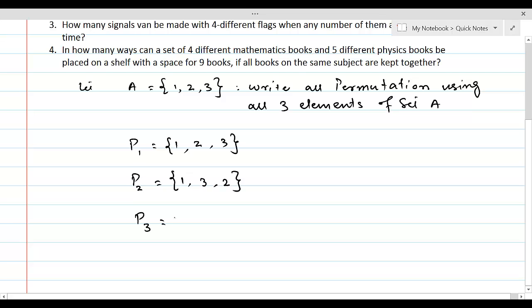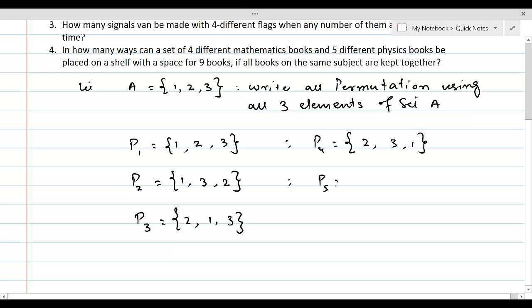P3 would be equal to 2, 1, 3, and P4 is equal to 2, 3, 1. So this is a different arrangement. This is a different permutation.